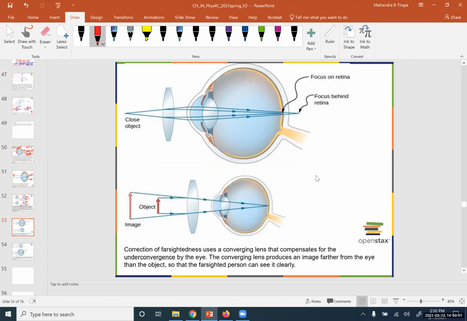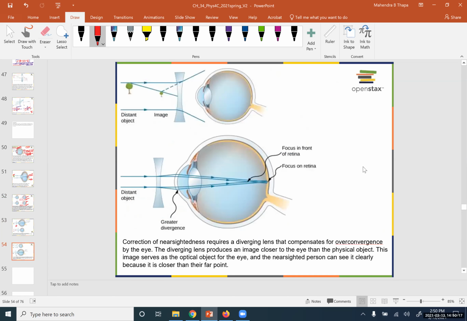We have to use lenses in front of our eye to correct those defects. We can use both kinds of lens, the concave lens and the convex lens.